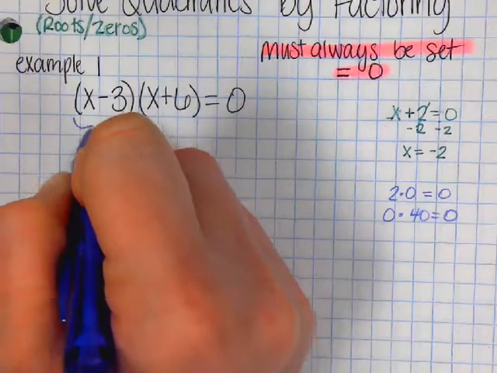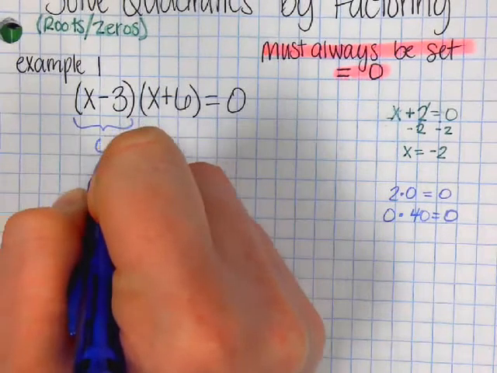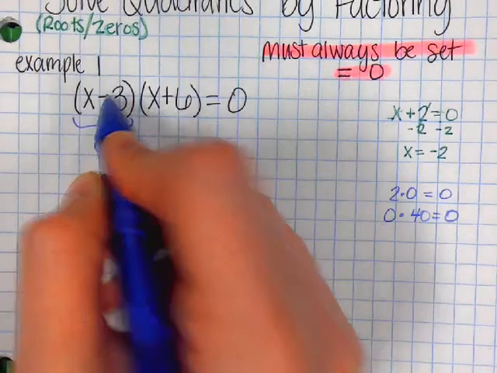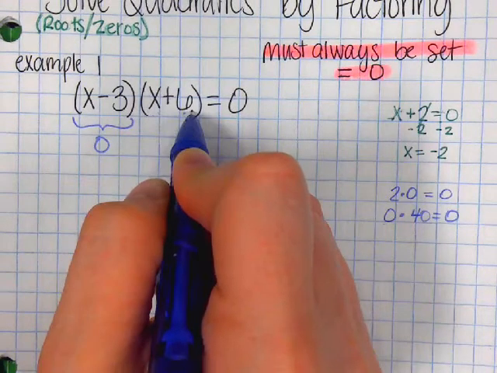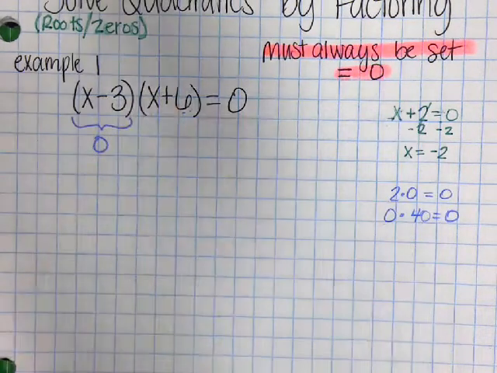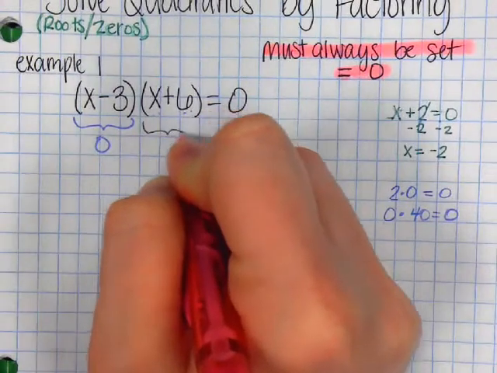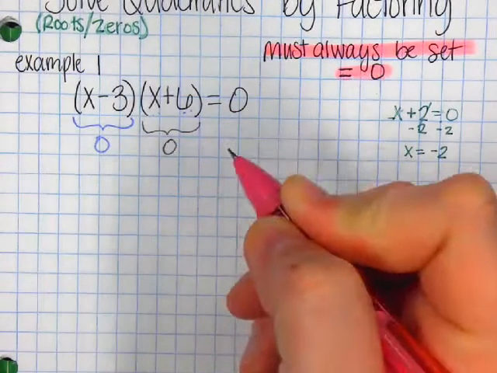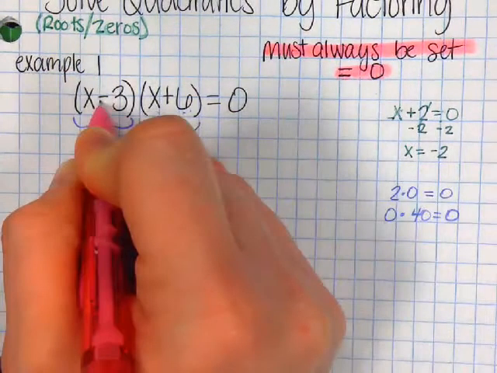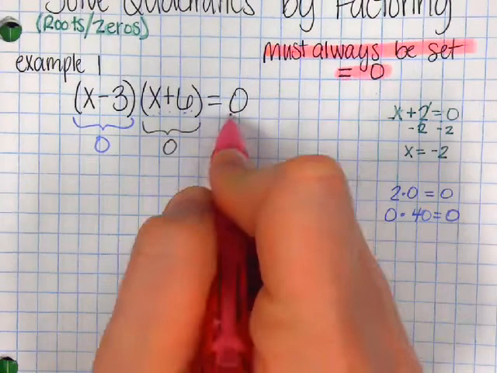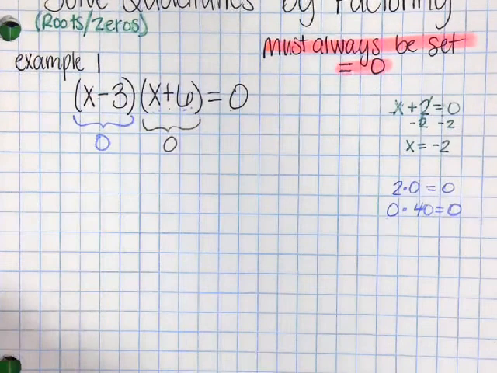So what I need to do is set each of these parentheses equal to 0. Because if I can make this parentheses equal to 0, it doesn't matter what's in this parentheses. Same for this one. If I set this one equal to 0, it doesn't matter what's in this parentheses, because whatever's in this times 0 is going to give you 0.